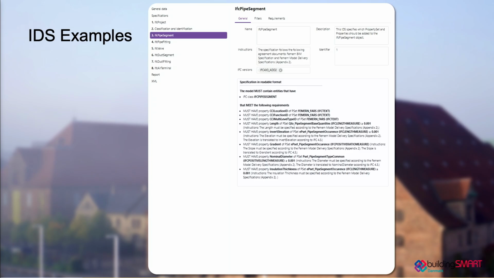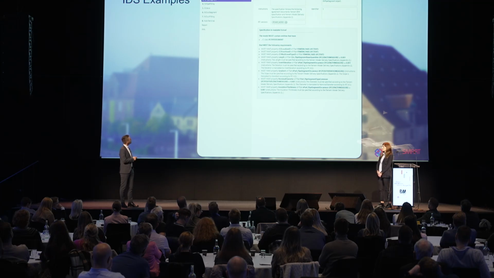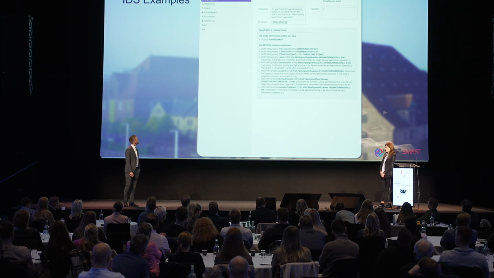But here's an IDS file in the software called Áka, where we can see I have 8 specifications. Now we're looking at IFC pipe segment. We have a name, a description, and then an instruction. And then we can see that this is regarding IFC pipe segment, and we have all of these requirements connecting to IFC pipe segment. It's something about the classification and length, etc.